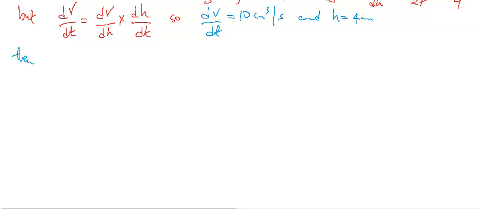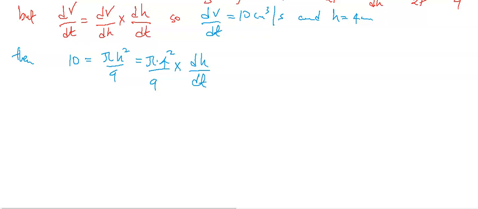So we can say 10 is equal to pi h squared over 9, which is the same as pi 4 squared over 9, times the change in height with respect to time.